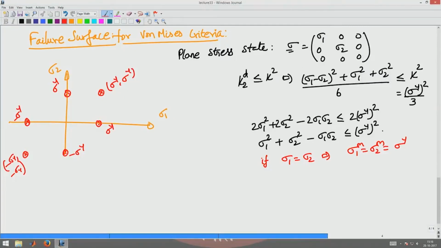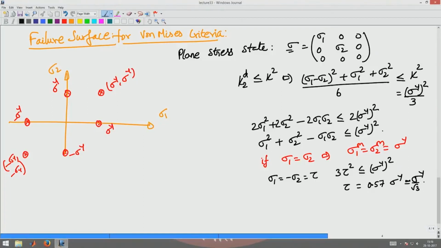Next, let us consider a case wherein sigma 1 is equal to minus sigma 2, equal to tau. Then I will get 3 tau square must be less than or equal to sigma y whole square, or tau must be equal to 0.57 times sigma y, that is 1 by root 3 times sigma y, okay.